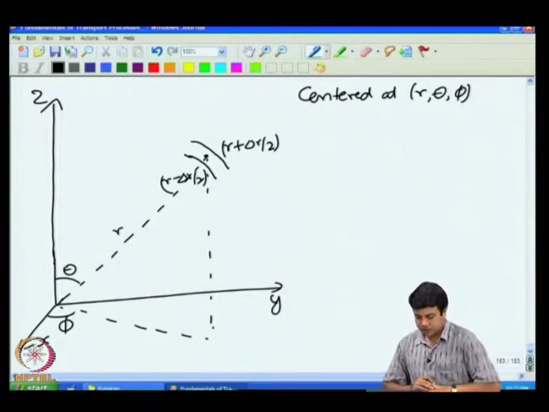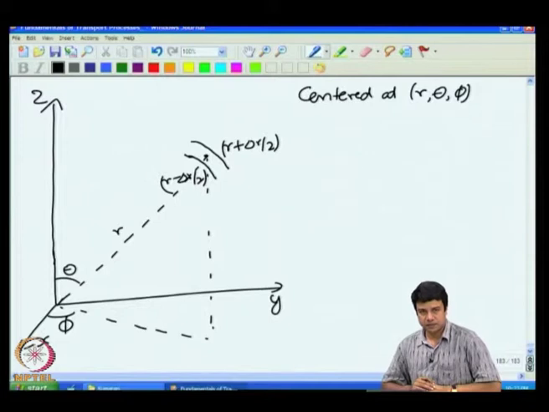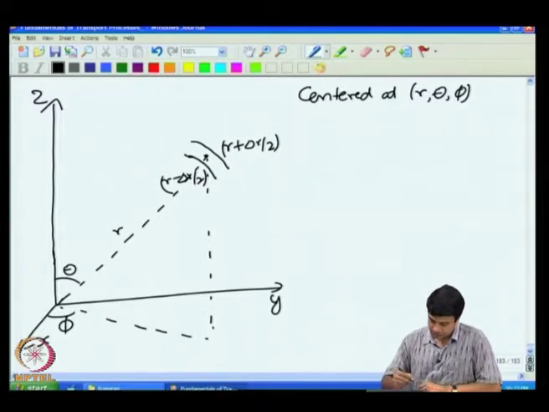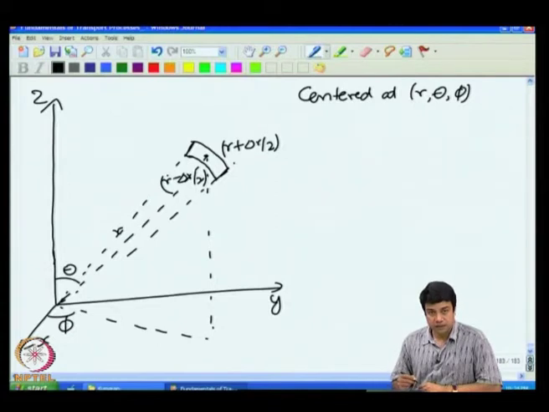In the theta direction, these are going to be bounded by two surfaces at constant theta minus delta theta by 2 and theta plus delta theta by 2.